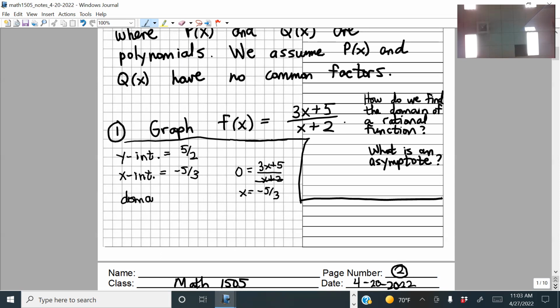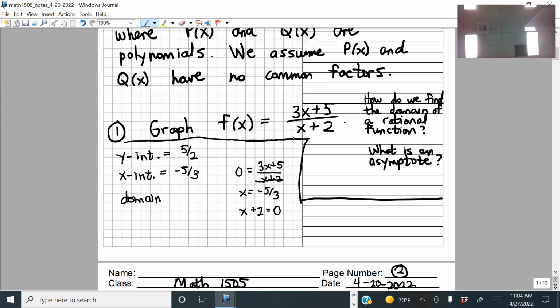Yeah, Robbie, -2. And how did you find that? By doing what? Yeah, we put the denominator equal to 0, right? So to find the x-intercepts, we put the top to 0, but to find the numbers not in the domain, we set the denominator to 0.